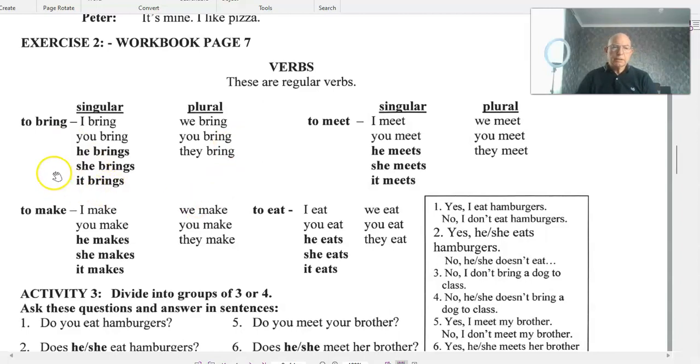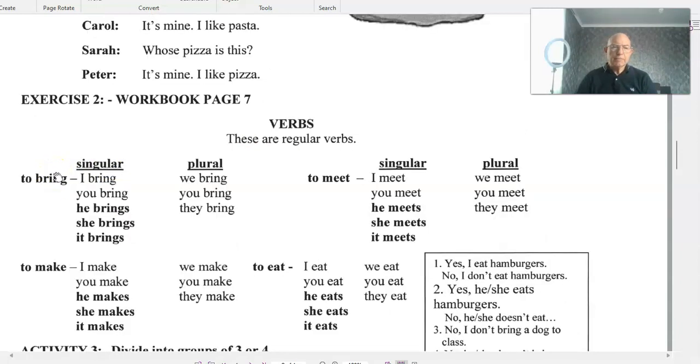Going down the next line here, to make. In singular, I make mistakes, you make mistakes, he makes mistakes, she makes mistakes, it makes mistakes. Sorry, I was distracted by a phone call.